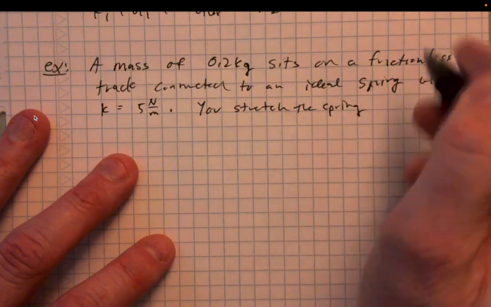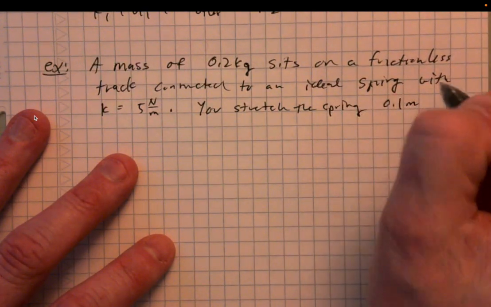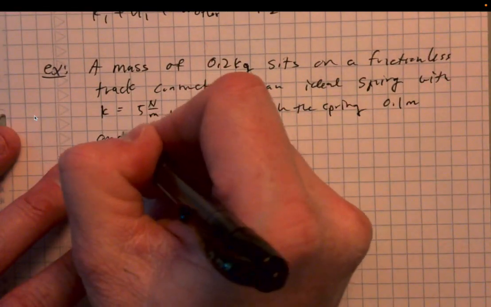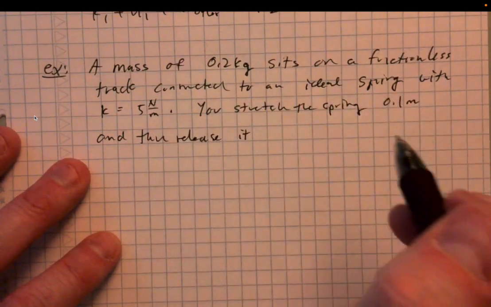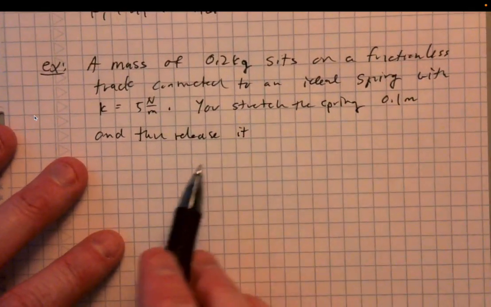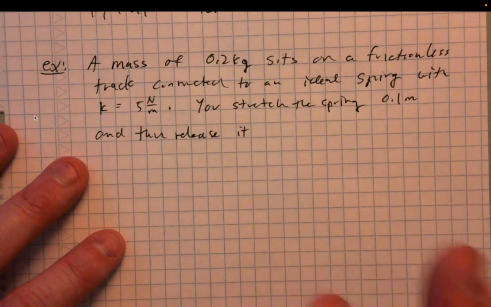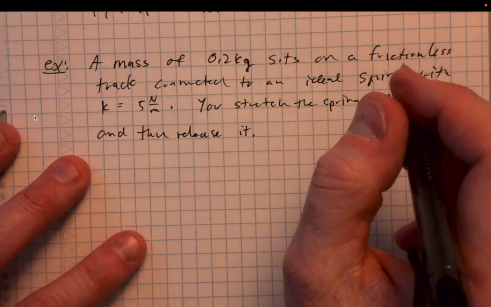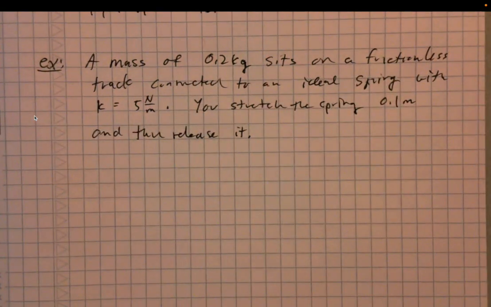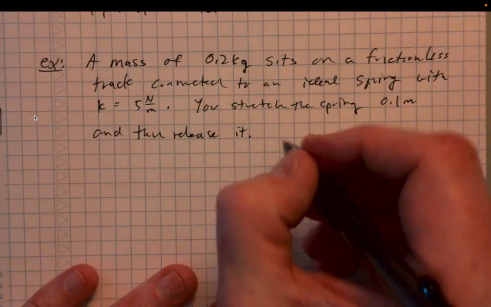You stretch the spring 0.1 meters and then release it. Assume you stretch it out, it has 0 velocity, and then you release it. What is the velocity of the mass after it's moved a little bit?